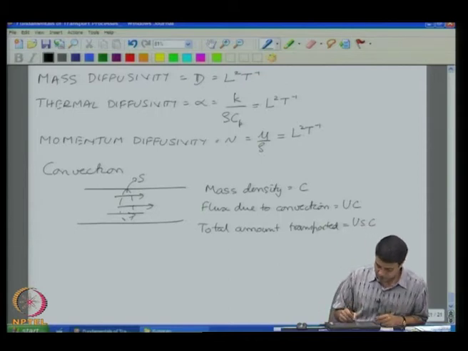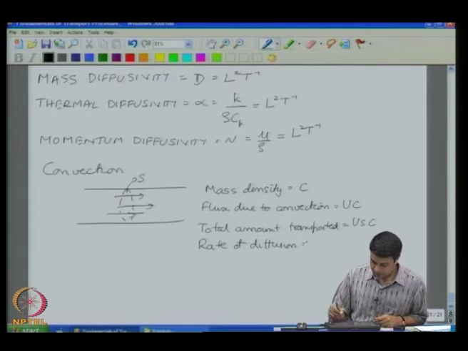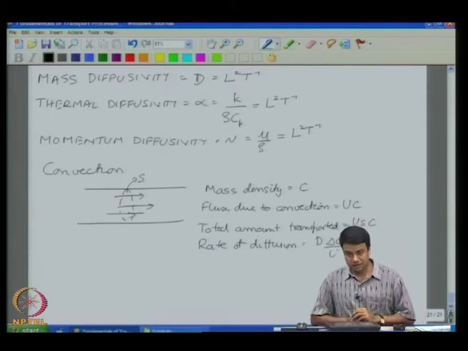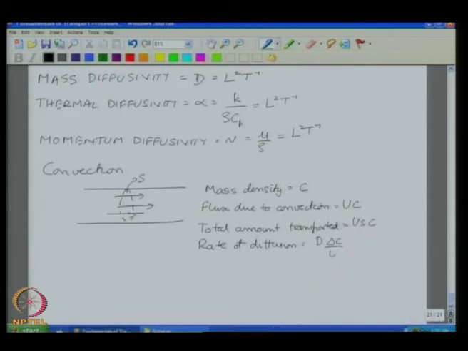The rate of diffusion is equal to d times delta C by L, where L is the characteristic distance. It is the particle diameter in the case of the flow past a sphere, it will be the tube diameter for the diffusion happening across the flow.